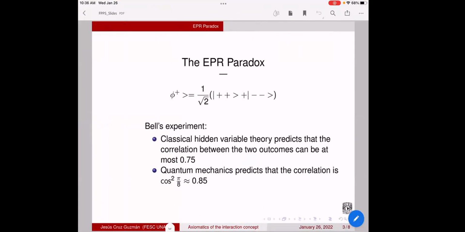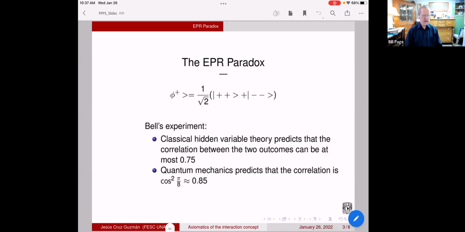Only as an introduction to this problem, I would like to put here the EPR paradox, and I think that the problem was solved by the Bell experiment, and here I don't understand, because I think that the results of this experiment and the confirmation afterwards in the laboratory say that a hidden theory in quantum mechanics using classical hidden variables is not possible.